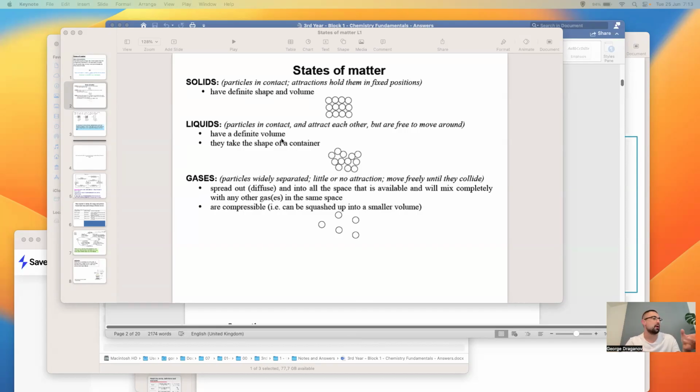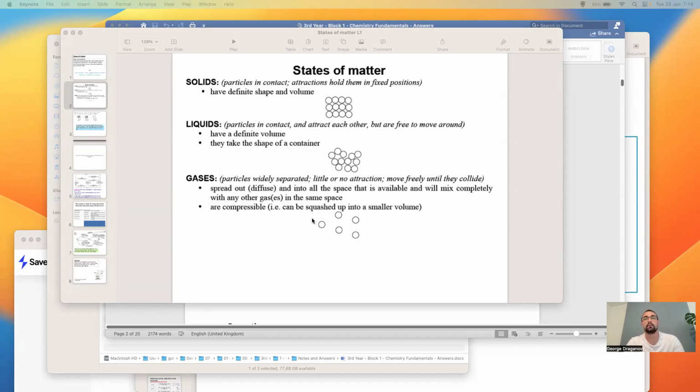So if you pour 250 ml from one glass into a glass of 500 ml, the volume will not change. However, if the shape of the container is different, the liquid will fill that shape. So liquids can change shape, not volume, whereas solids cannot change shape.